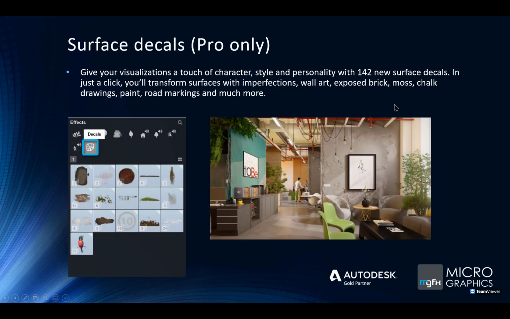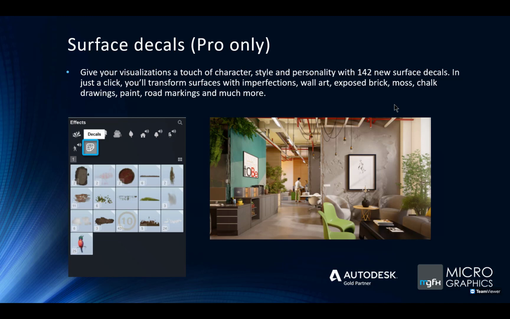All right, and then another one is surface decals. That's basically a new tool that's been added in the effects that you can use to add 2D information to your surfaces. At this point, these are just predefined, so you can't add your own, but we'll talk about that a little bit later. At least it's been added, and it can be added to any surface.